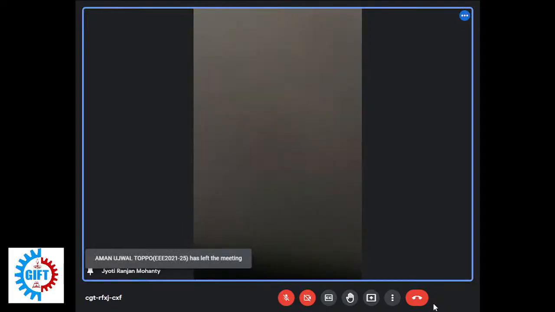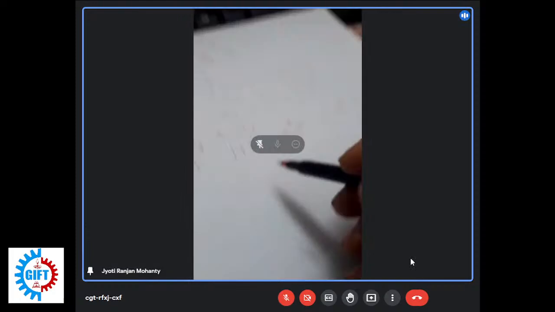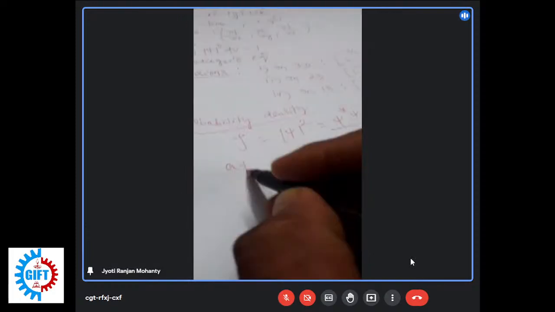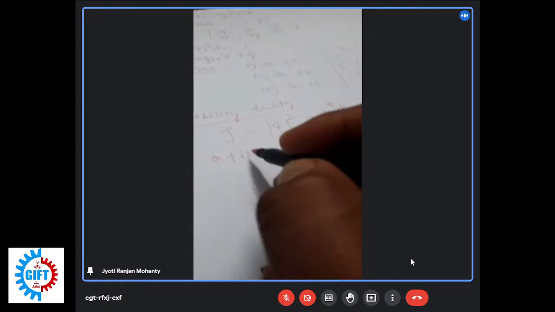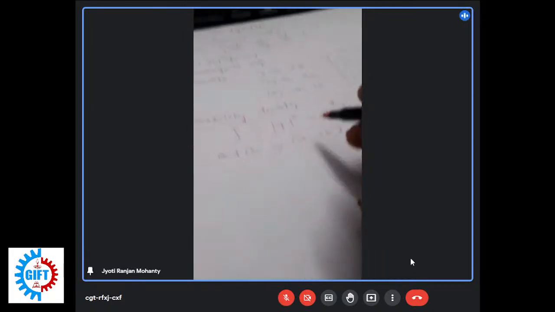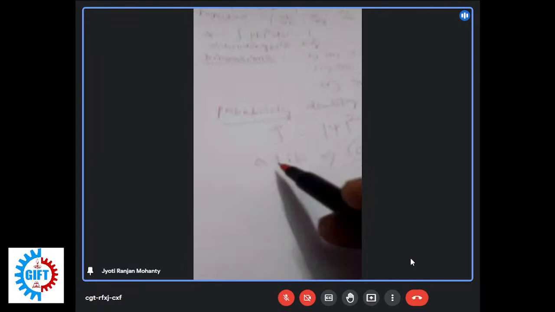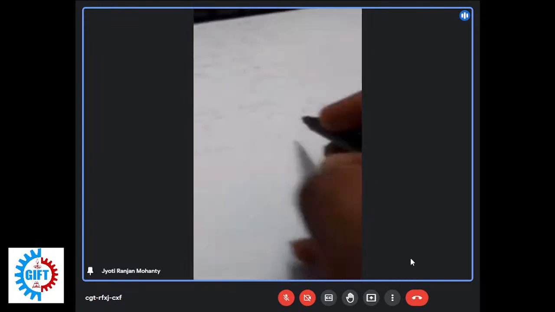The complex number means a plus ib. So here a is real, b is real. So what will be its complex conjugate? A minus ib. Yes. Only you change the sign of the imaginary part. A plus ib, a minus ib.